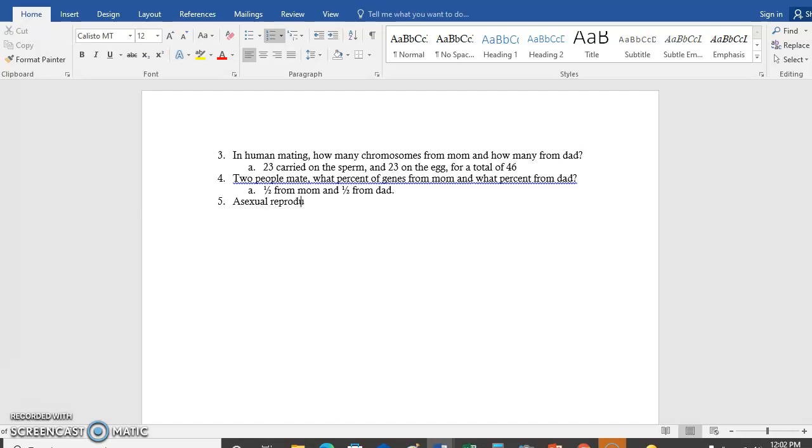Asexual reproduction means there is one parent. Sexual reproduction means that there are two parents. So in the picture, there's only one parent. So this is asexual reproduction because there's only one parent. Easy.